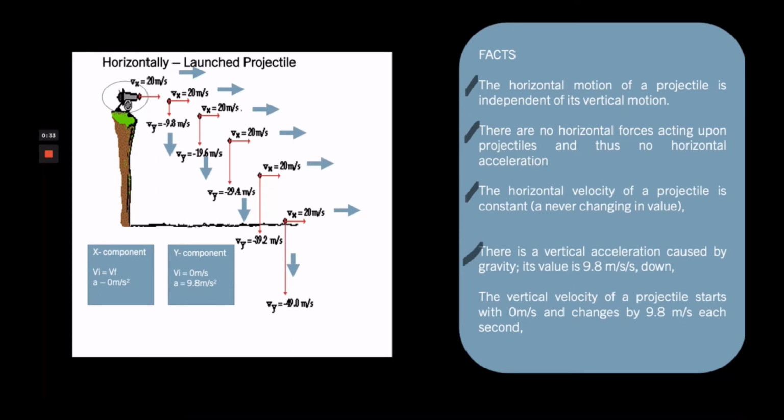Fourth, there is a vertical acceleration caused by gravity. Its value is 9.8 meters per second squared down. And lastly, the vertical velocity of a projectile starts with 0 meters per second and changes by 9.8 meters per second each second. Now, to best illustrate, let's take a look at this cannonball here.